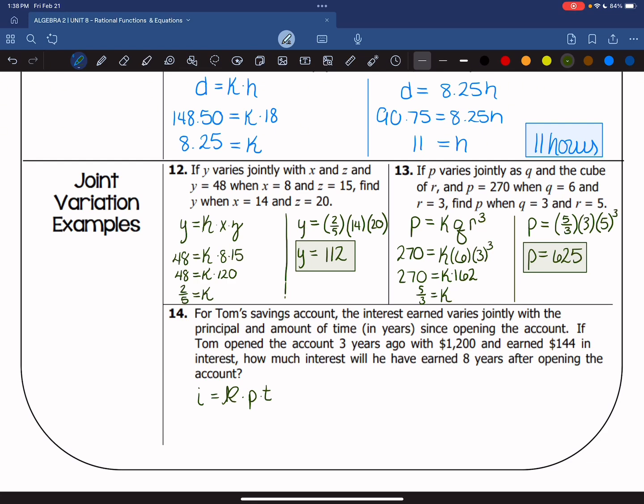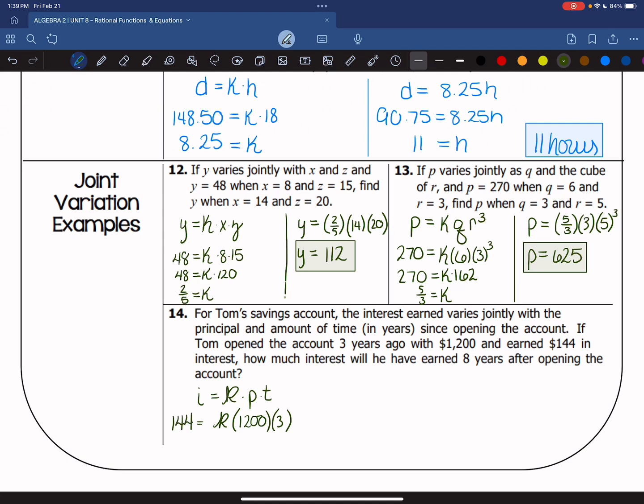If Tom opened the account 3 years ago, that's time, with the principal amount, which is the initial amount, let me set this up. I don't know K, but the principal amount is 1200. And again, that was 3 years ago. And in doing so, the amount of interest he earned was 144.